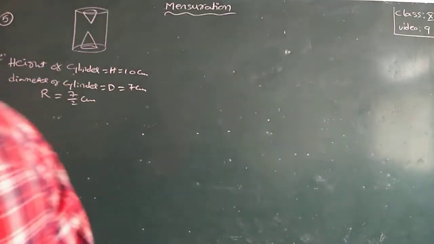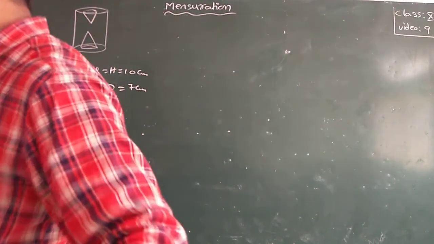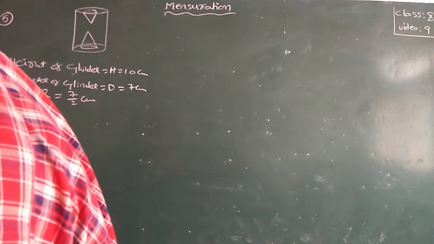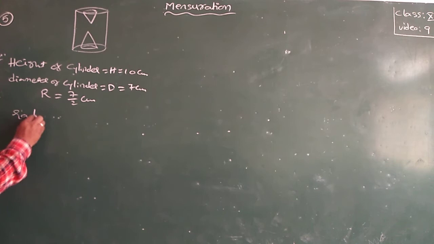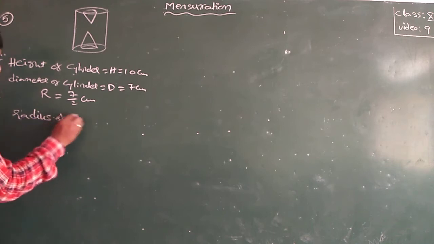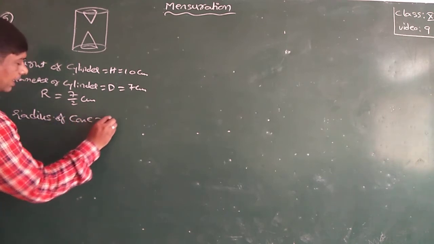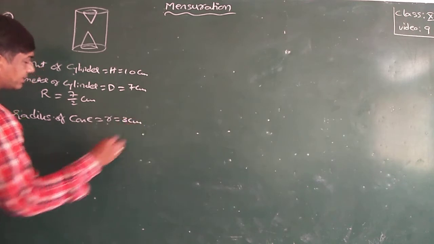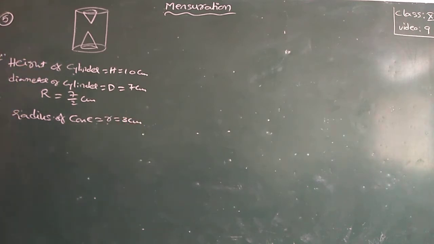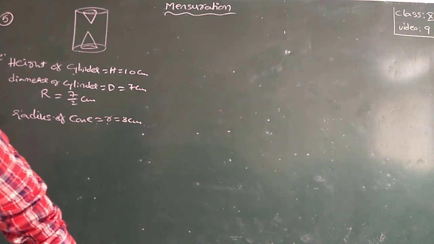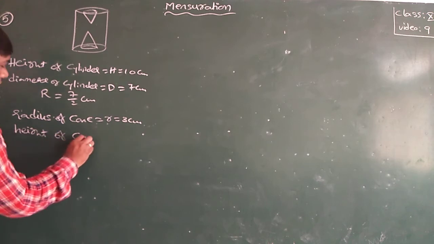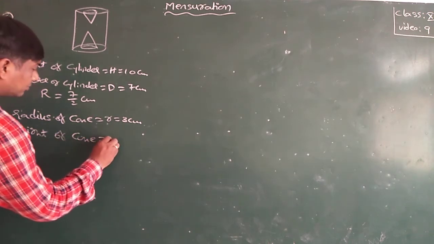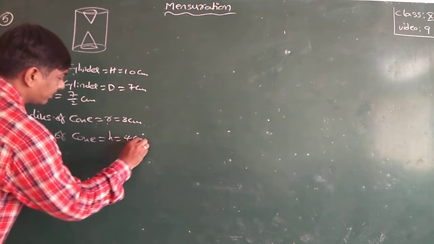Now here they have given the conical radius only. Radius of the cone r is equal to 3 centimeters and the height of the cone h is equal to 4 centimeters.